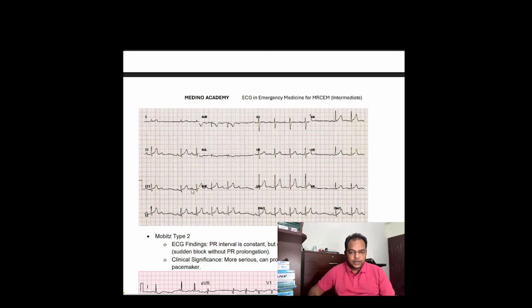You can appreciate here the PR interval is progressively increasing, and then this P wave is not conducted. That means there is no QRS complex for this P wave. That means progressive lengthening of the PR interval followed by a sudden drop. This is called Mobitz type 1.